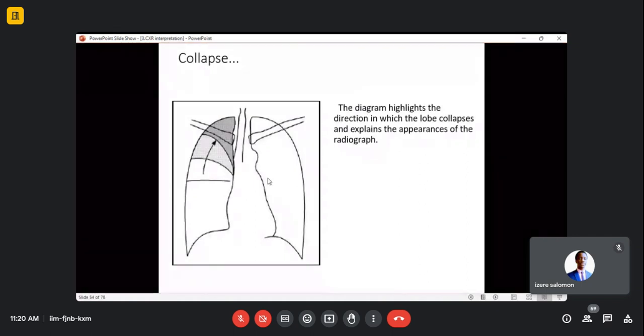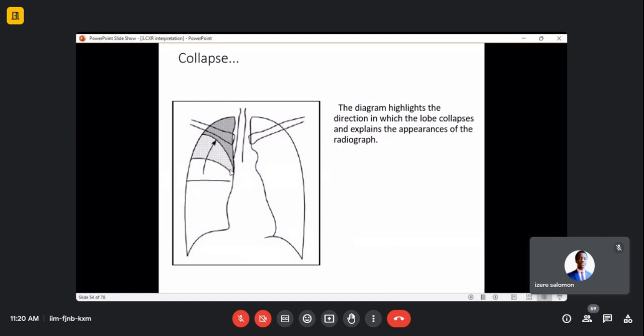This was right upper lobe collapse. That is the predictable way of right upper lobe collapse: the right horizontal fissure goes up, the hilum goes up, and they go more medially.